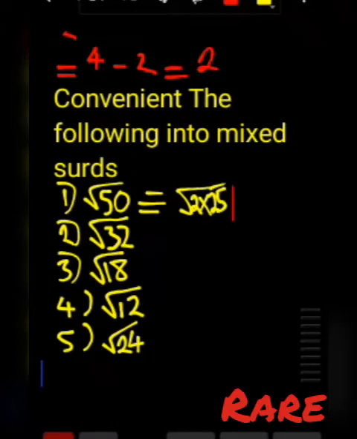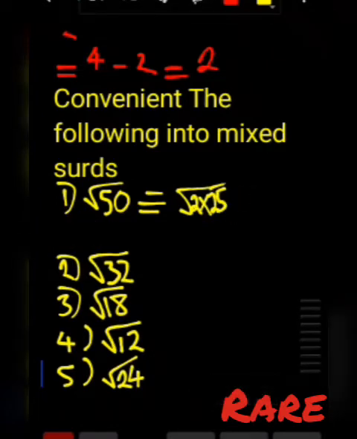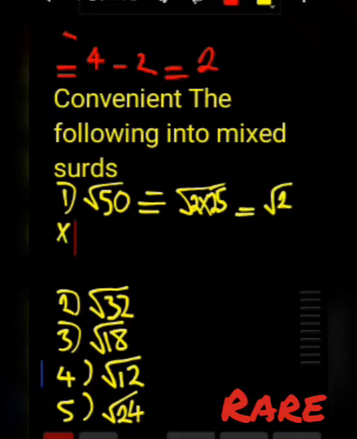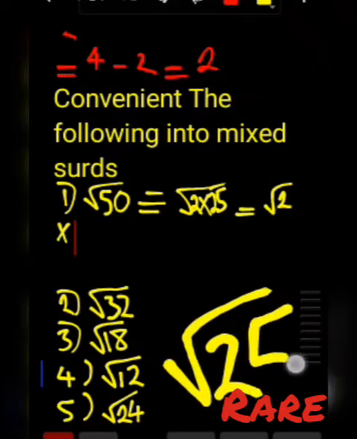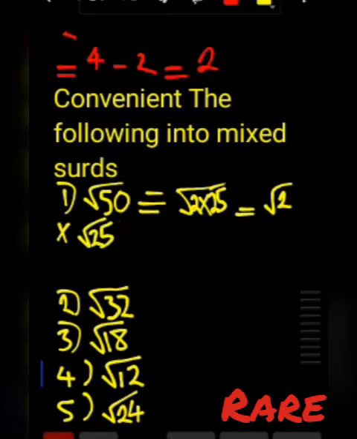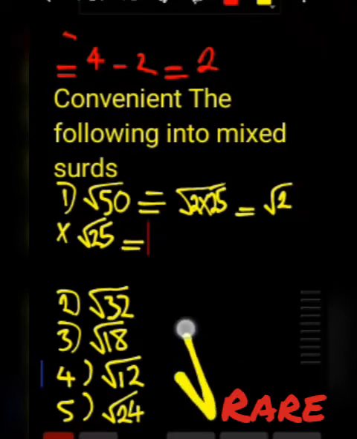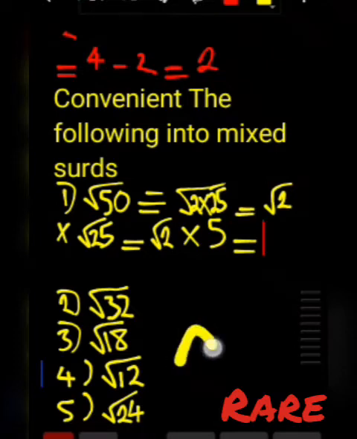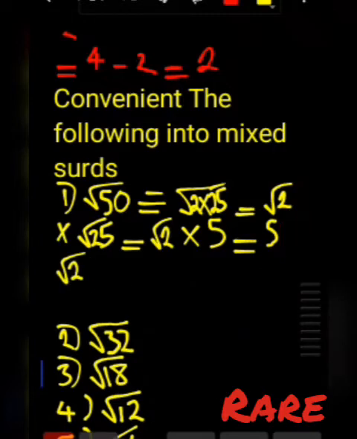So you can split them like this: root 2 times the root of 25. When you do that, you remain with root 2 times 5, because the root of 25 is simplified. So the answer there is 5 root 2.